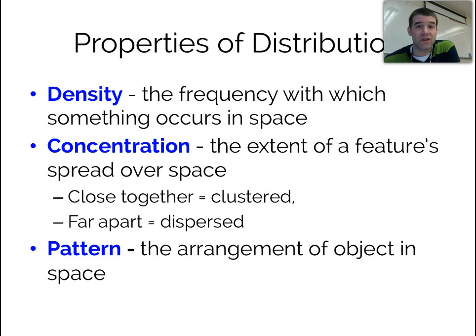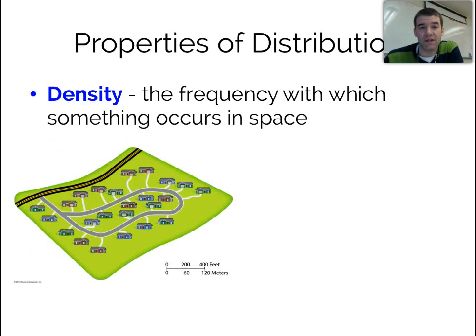Density addresses how many times the feature occurs in the space you're looking at, and concentration is where that frequency happens. In doing so, we describe the pattern, and geographers are interested in understanding the distribution patterns based on density and concentration.